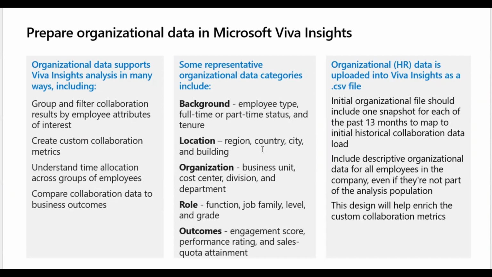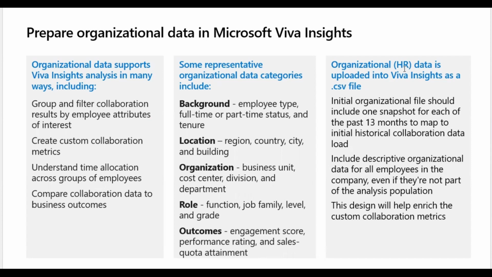Data categories mean which people they are communicating with, what their locations are, which divisions or departments they are working in, what their role is, and what the outcomes are: engagement score, performance rating, and sales quota attainment. These are the categories we have.